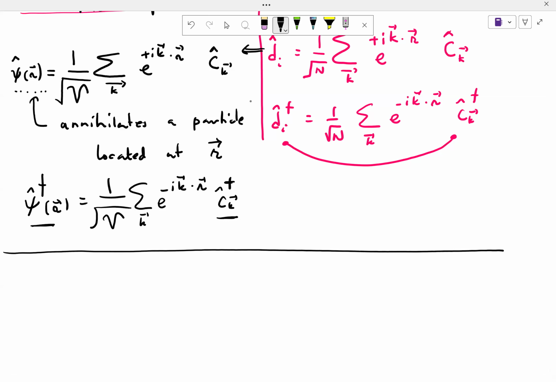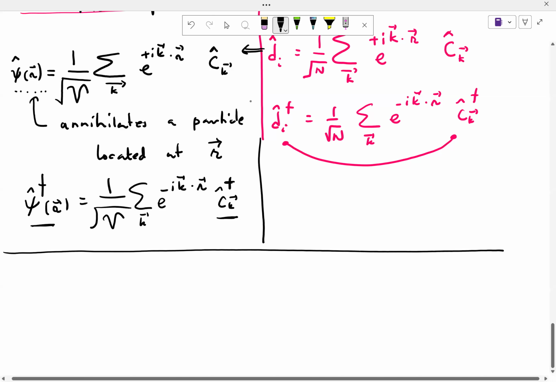It's also possible to generally define a Fourier transform. So if I have a function f(r) and I multiply this with this exponential factor and I integrate over volume and I divide by volume, not the square root of volume, but the overall volume, then I can get the Fourier coefficients at the k points.